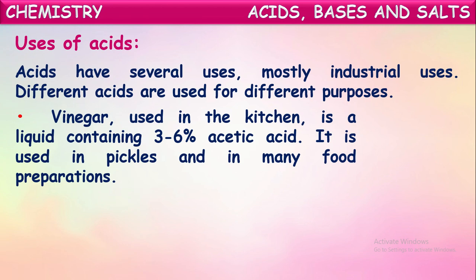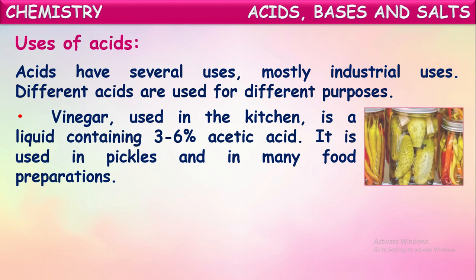So it is used in pickles and in many food preparations. Mostly this is used for giving sour taste to food items, and not only for that, they also use this vinegar, which contains acetic acid, in the preservation of food items. In pickling and all this, they use vinegar.